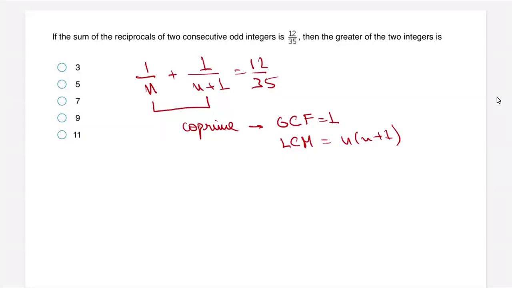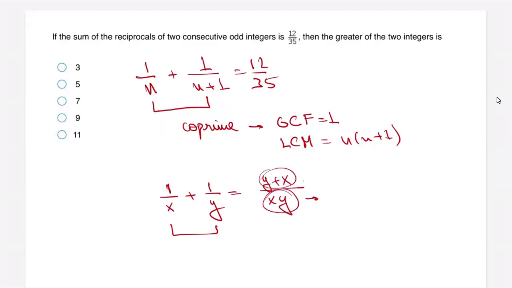So it's like this. Let's suppose 1 over x plus 1 over y. And these are co-primes because every consecutive pair is co-prime. It will be xy, y plus x. So here is the multiplication of two numbers, and this is the summation of these two numbers. So which two numbers multiplied are 35 and summed are 12? 5 and 7.